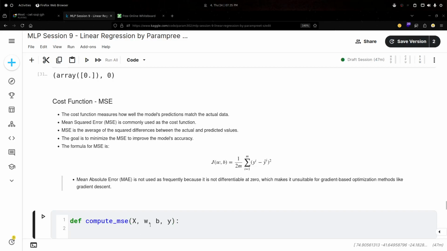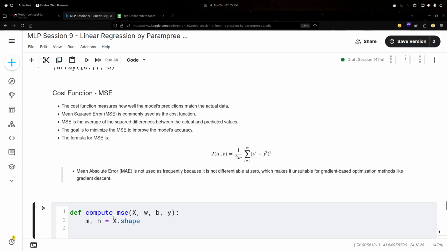Here let me extract the shape of the data set. If I do x dot shape, I'll get the number of samples and the number of features in m and n respectively. Now we are subtracting the actual value and the predicted value, squaring it, and doing it for all the m training examples.